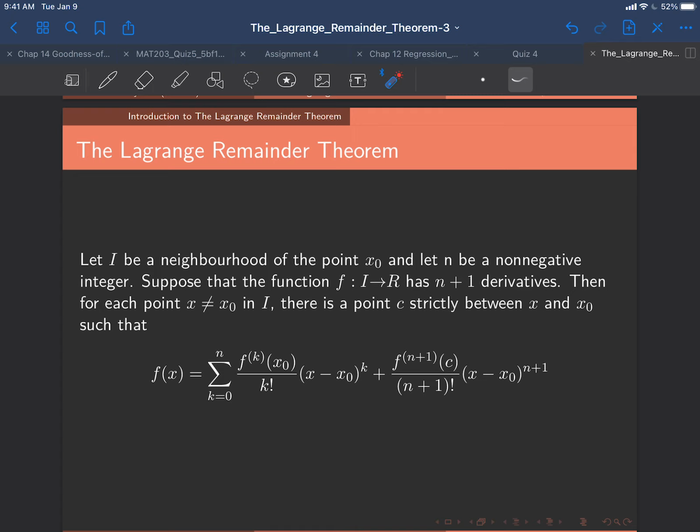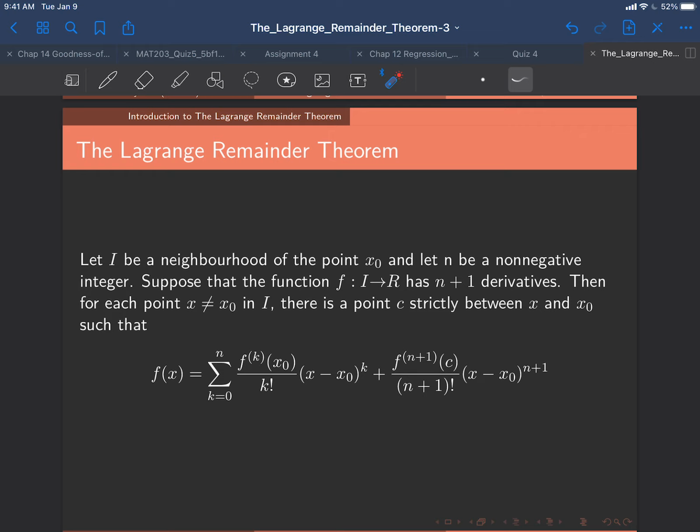Lagrange theorem is: in a neighborhood I of the point x0, and n a nonnegative integer, suppose that a function f from I to R has n plus 1 derivatives.